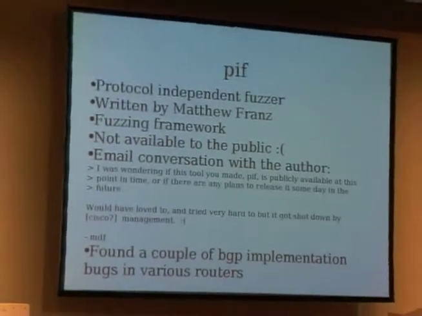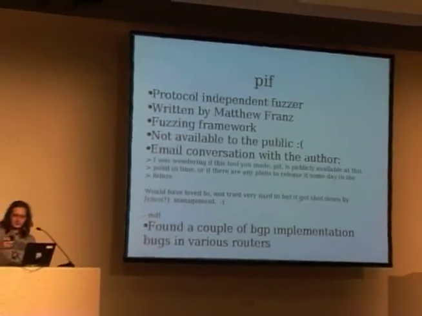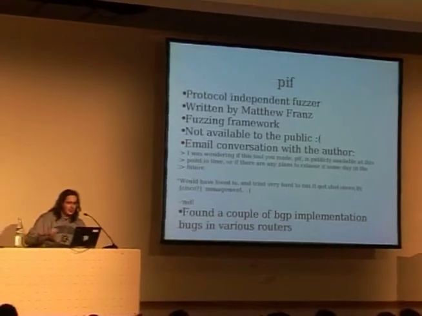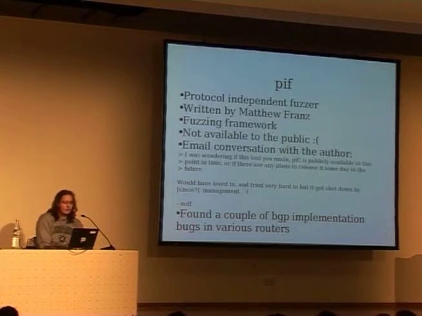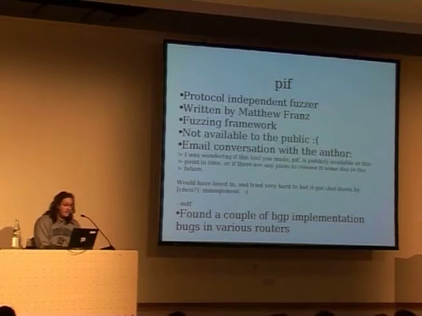Right. The next fuzzing framework that I want to cover is the protocol-independent fuzzer, which is written by a guy called Matthew Franz. It's not a fuzzing framework, unfortunately, and this really sucks, it's not available to the public.